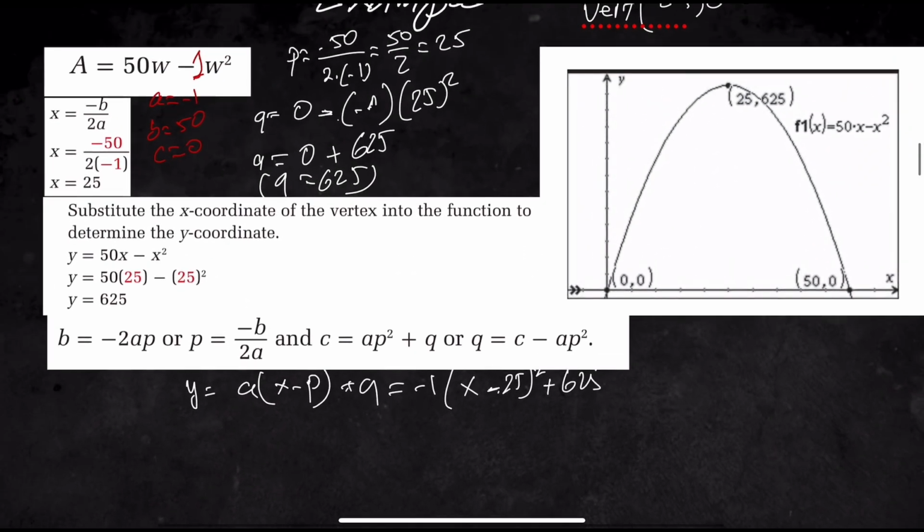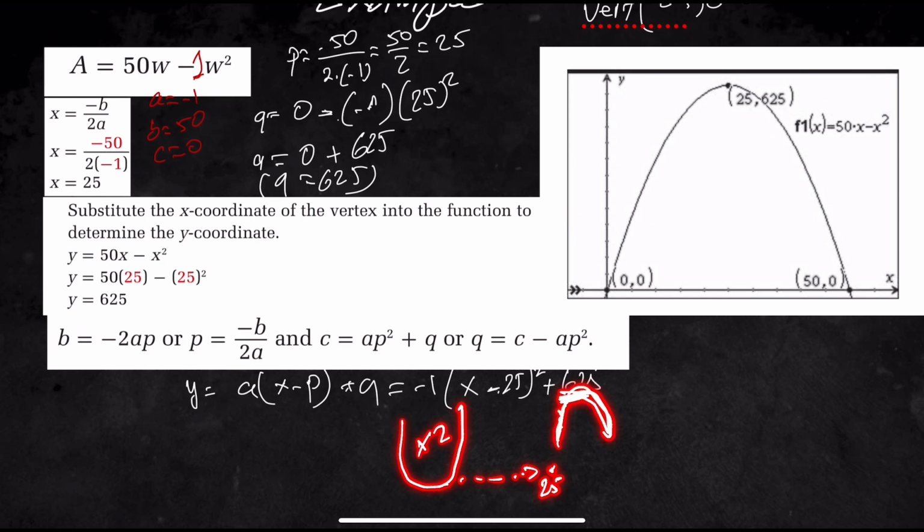So from here I can see that my parabola, which was originally like this, the normal x squared, the regular one, I have to shift it right 25 units. So this is my parabola x squared. I will shift it right 25 units, and up 625, and I will draw it.